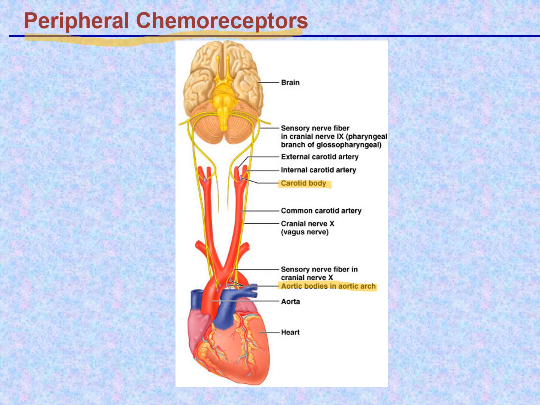A person can have their whole cerebrum destroyed, and they'll still be breathing appropriately and maintaining reasonable PO2, PCO2, and pH, all because their brainstem has not been injured, and their respiratory centers are normal.